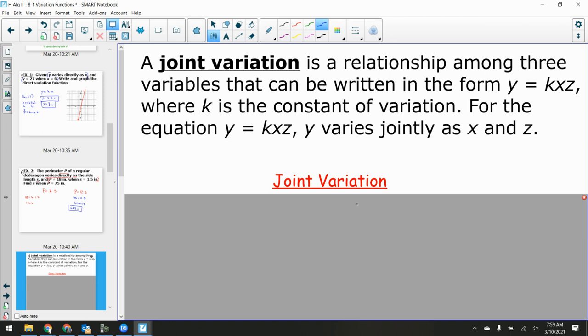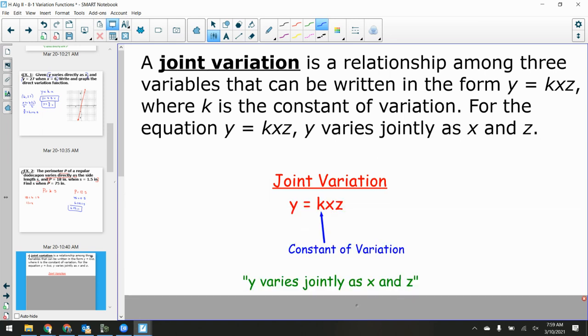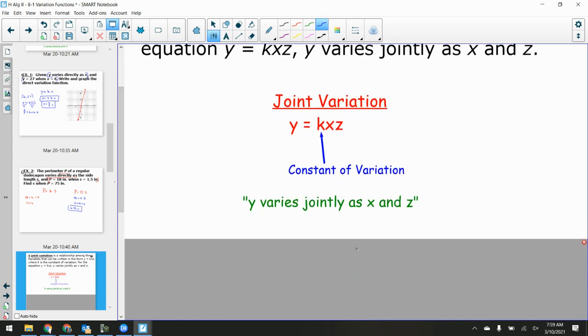K being the constant of variation, x and z being our variables. So this is a joint variation here, y is equal to kxz. And the phrasing we would have is y varies jointly with x and z, or varying jointly as x and z.